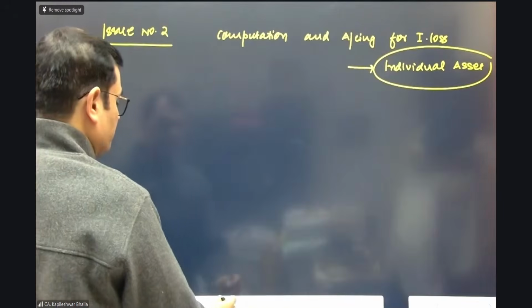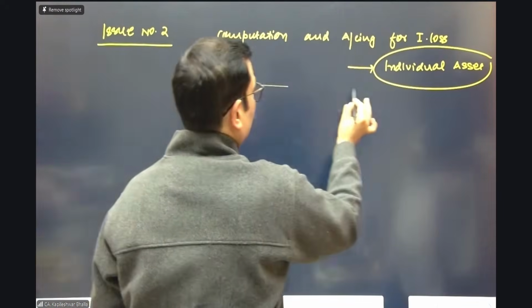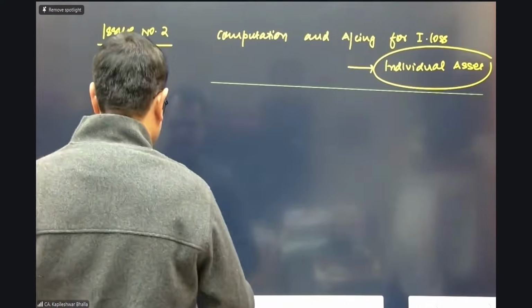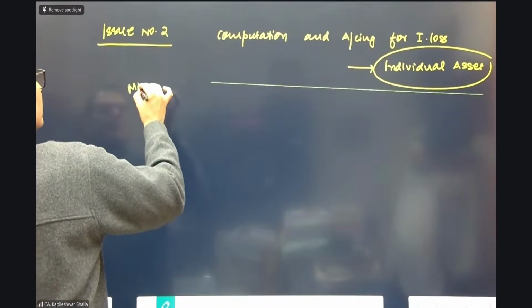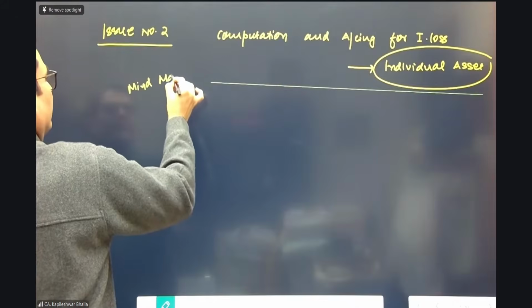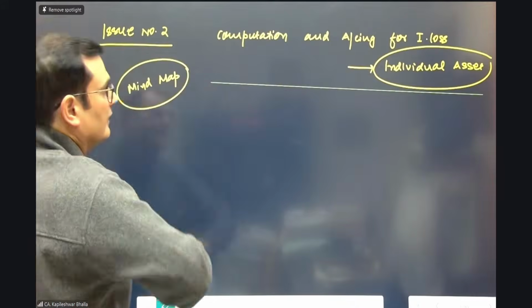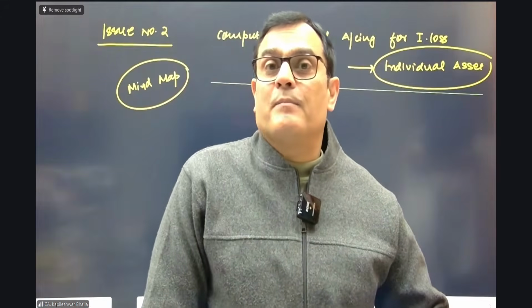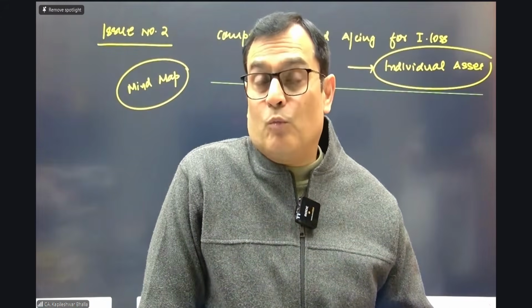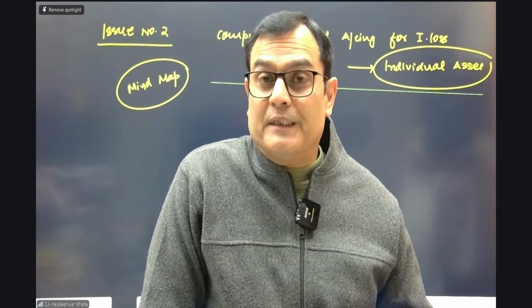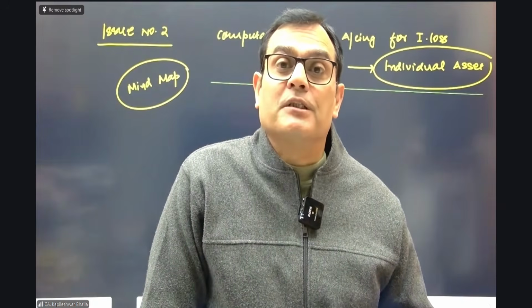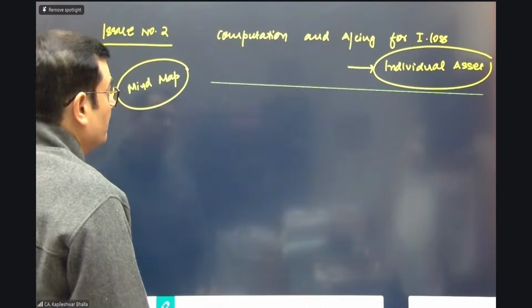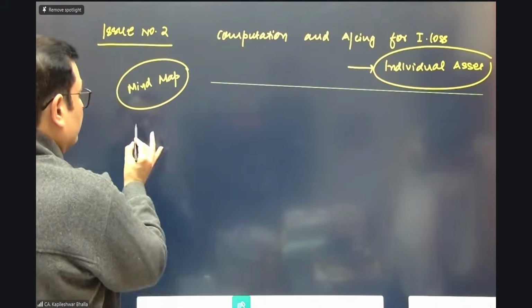We're looking at the computation and the accounting of impairment loss for an individual asset. Let's make a quick mind map on this as well. Let's divide our mind map into two parts. One is the computation, which is simple and straight, and the other one is the accounting treatment.